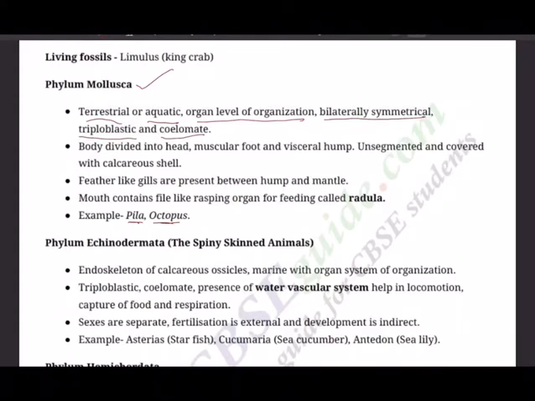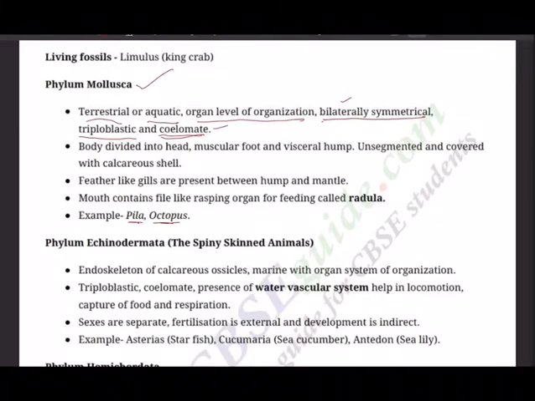When we cut open the animal in a particular axis, if we get two equal halves, that's why bilaterally symmetrical. Triploblastic is about the layers. During embryonic stage, there will be three layers: ectoderm, endoderm, mesoderm. That's why triploblastic. And of course, coelomate, body cavity is present. That's why all these three are technical words.